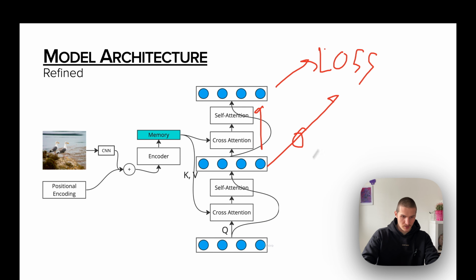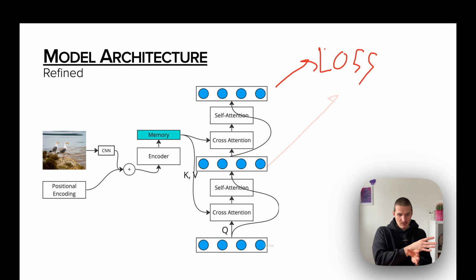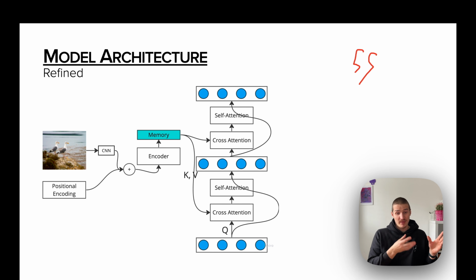So you can think of these queries as being experts, and after every step of cross attention and self attention, you expose the experts to the image. You let them see the image and decide what they're seeing. You do self attention, so you let them discuss and refine their own representations.